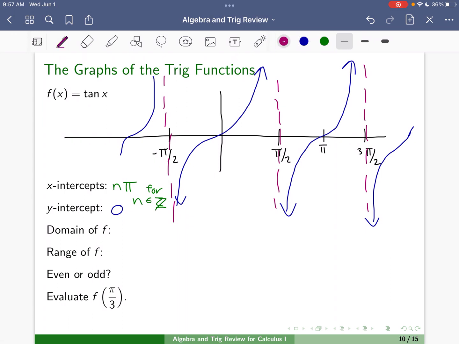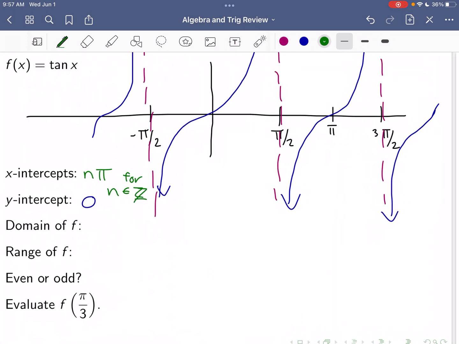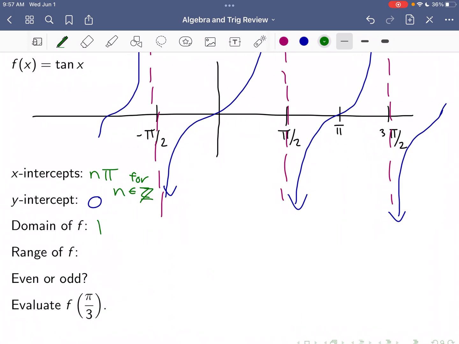So writing this can be a little bit tricky. I will write it in this way. It is all real numbers, minus the set of the odd multiples, 2n plus 1, of pi over 2, such that n is an integer. That vertical line in this set notation means such that.